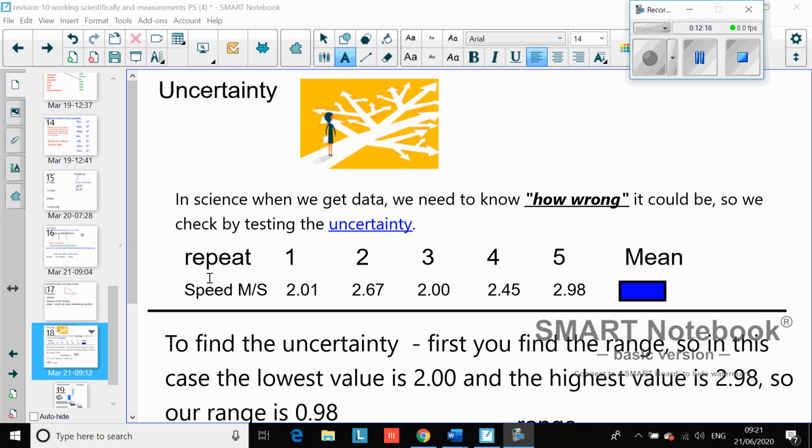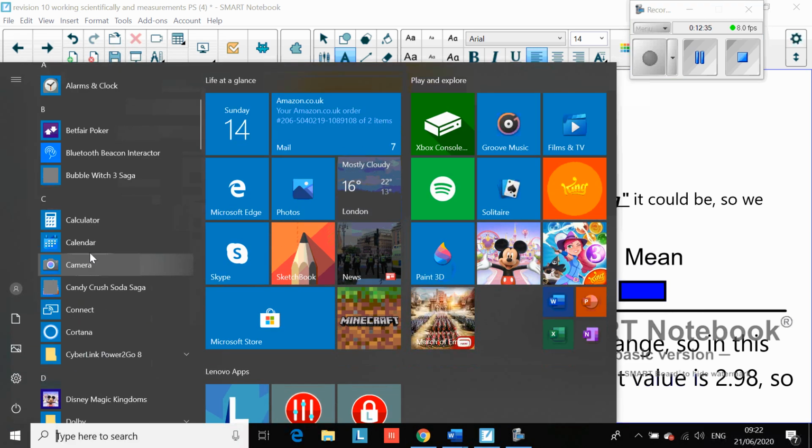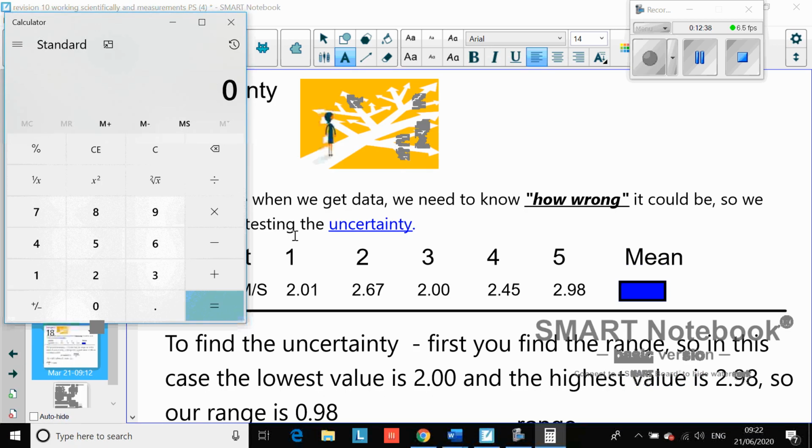So let's just say we were measuring the speed of something here. We did it 5 times, 1, 2, 3, 4, 5, and then hopefully you know how to calculate a mean. We add them all up and divide by 5. So let's very quickly bring in a calculator. 2.01 add 2.67 add 2 add 2.45 add 2.98.